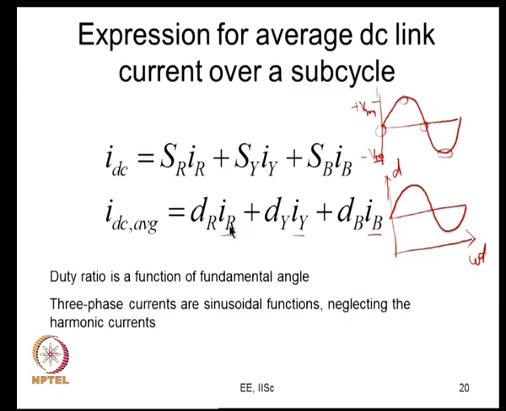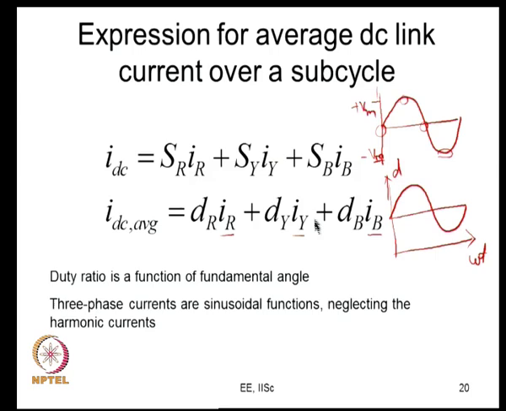You will get a DC and a 100 hertz sinusoid. If you multiply sin omega 1 t and sin omega 2 t, you are going to get a sine of omega 1 plus omega 2, and similarly another sine function of omega 1 minus omega 2. If you multiply omega and omega, it will be 2 omega and 0. So, the product will give you a DC component and a double frequency component.